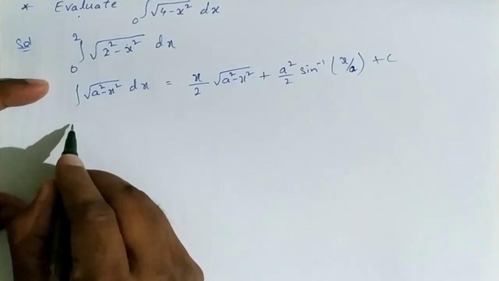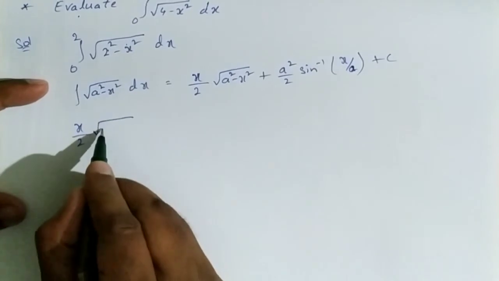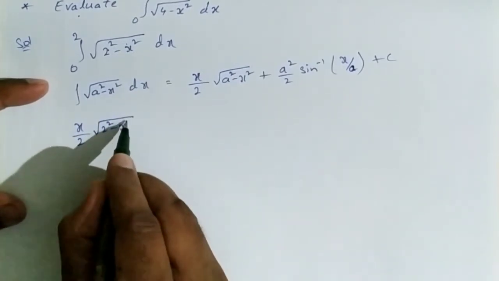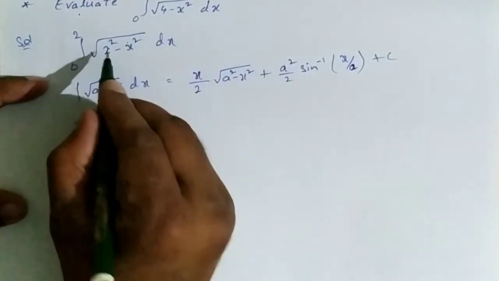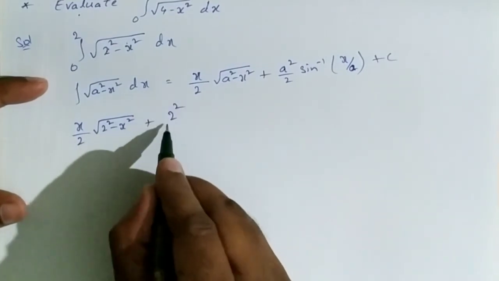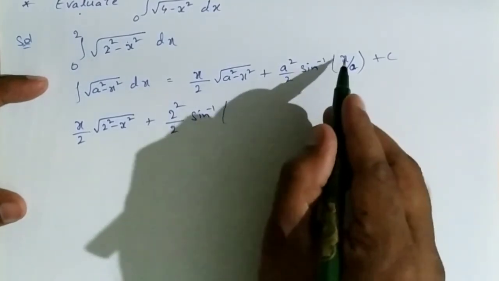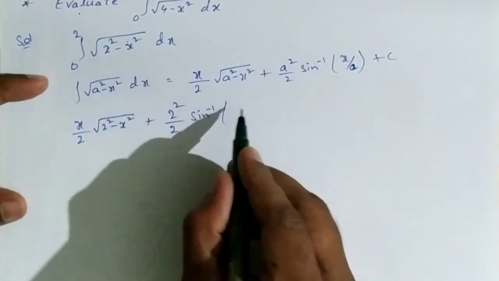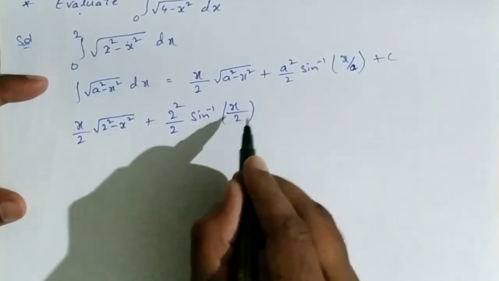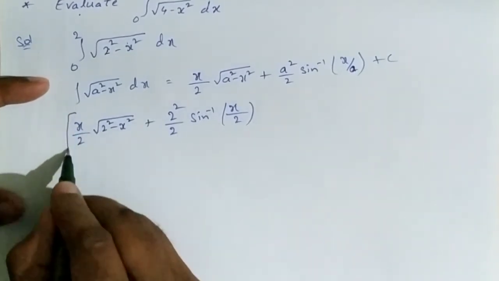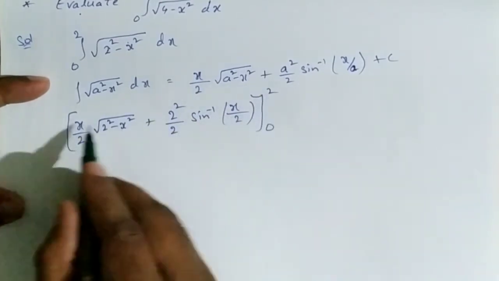Writing here, this value equals x by 2 of root over 2 square minus x square plus a square is nothing but 2 square, 2 square by 2 sin inverse x by a, here a equals 2. This is from 2 to 0. Now we have to substitute 2 and 0 in place of x.